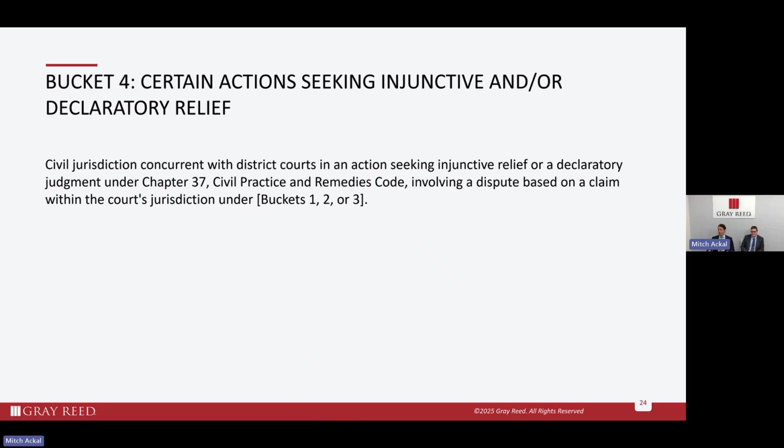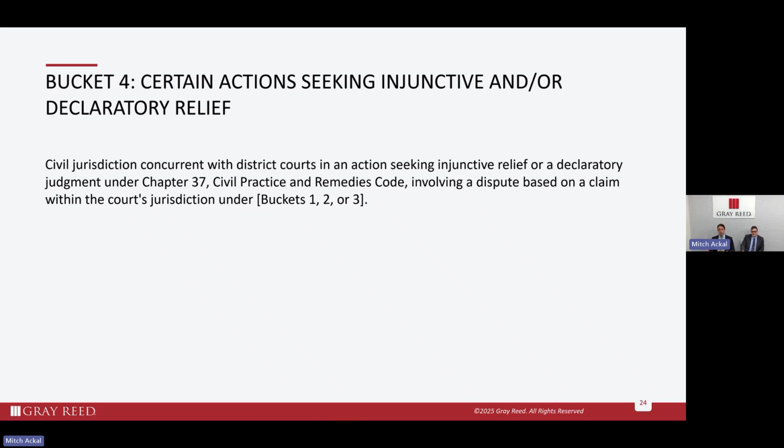So for example, and we'll talk about an opinion that recently came out where the court, I believe it was the third division, said that yes, if you want to get into business court on a declaratory judgment action, then you have to show, for example, that the value of the declaratory relief that you're seeking is going to be in excess of 5 million if you're trying to get under bucket 1, or in excess of 10 million under bucket 2 or 3, excuse me.